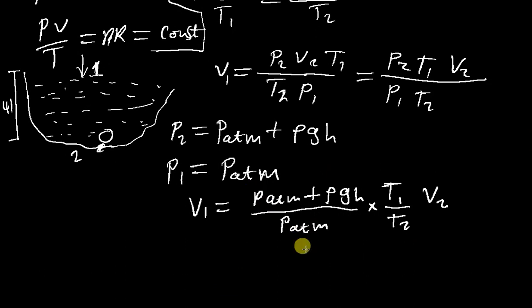So after putting in all your calculations, as I've shown you how to do, you are going to find your V1. I don't know why it has become slow again.